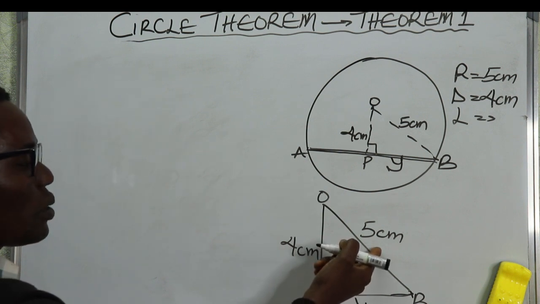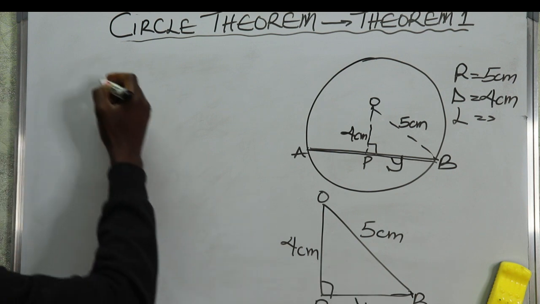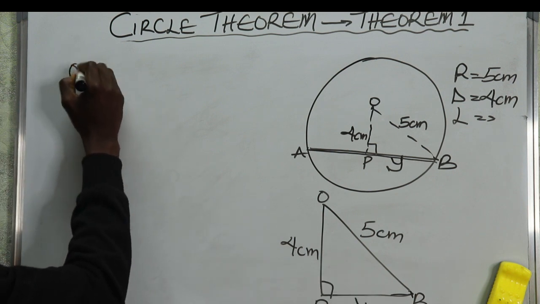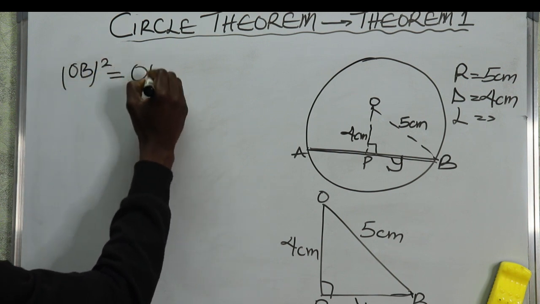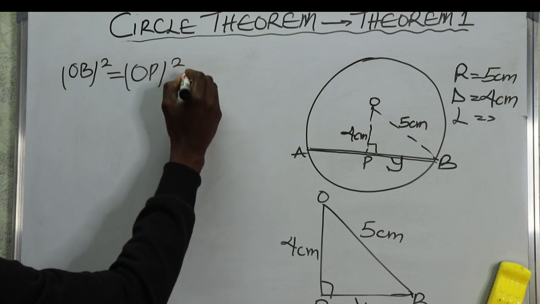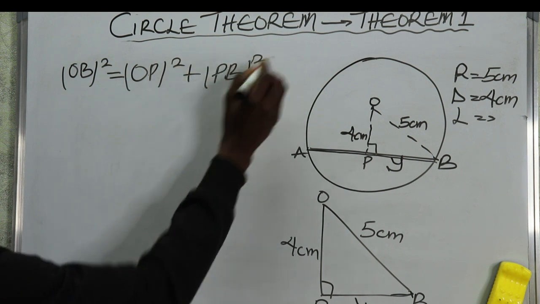The square of the hypotenuse is equal to the sum of the squares of the other two sides. So we'll have our OB square equal to OP square plus our PB square.